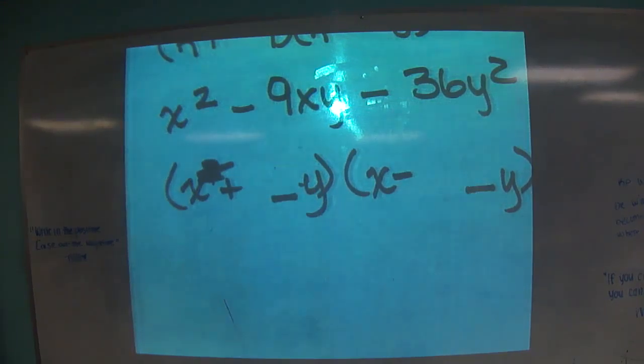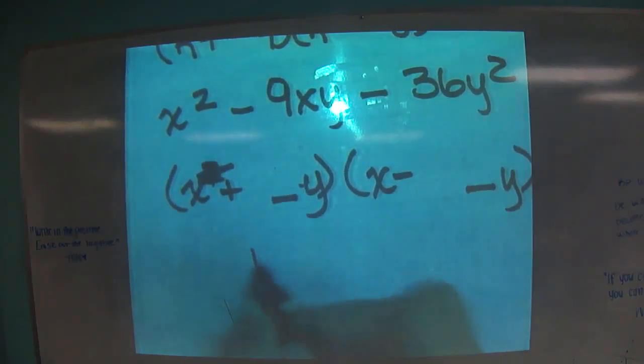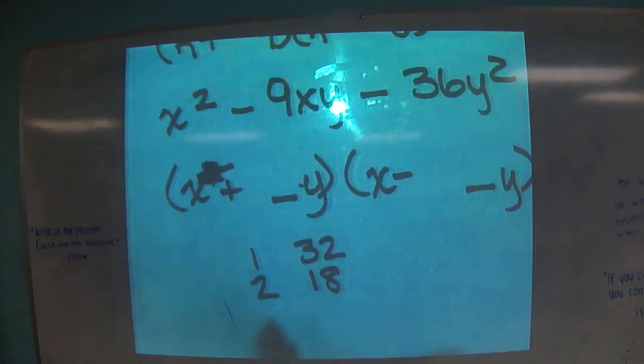What do we multiply of factors of 36 to wind up with a difference of 9? What are some factors of 36? Well, we've got 1 and 36, 2 and 18, 3 and 12, 4 and 9, 6 and 6.